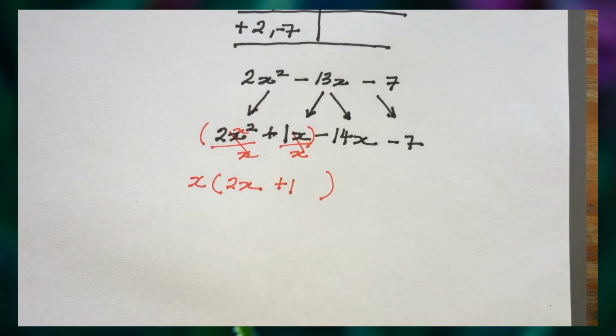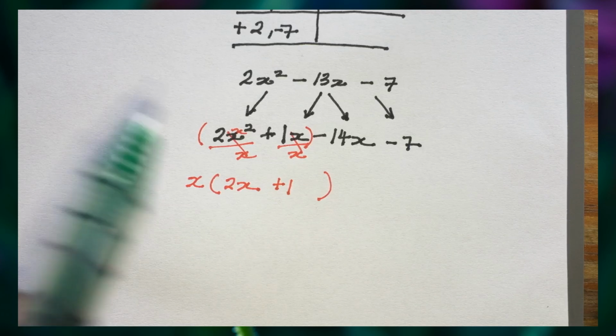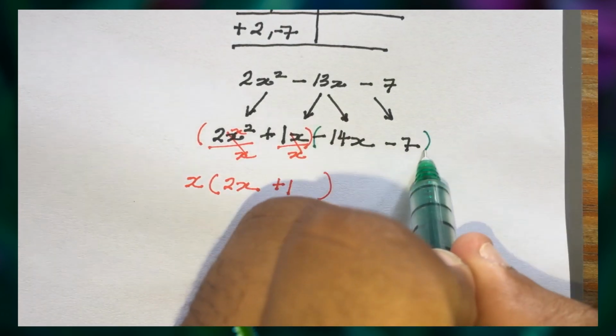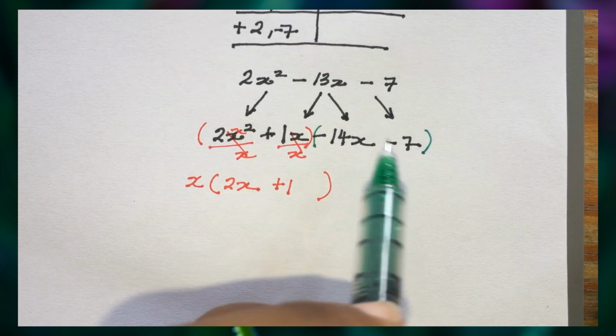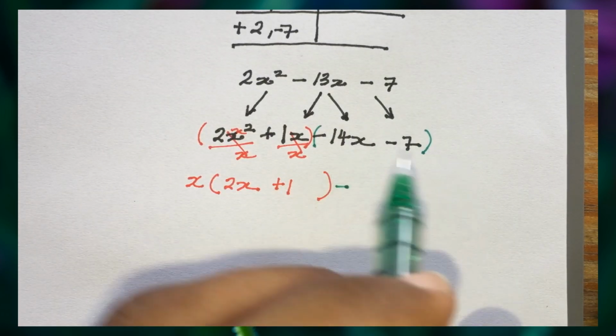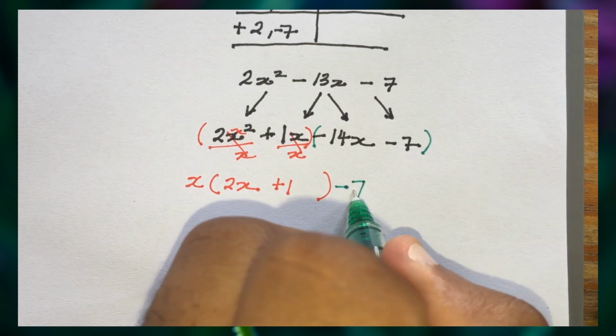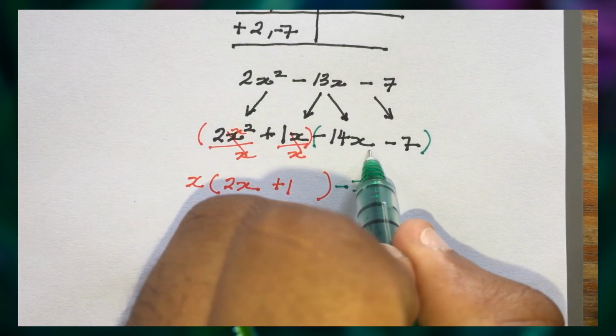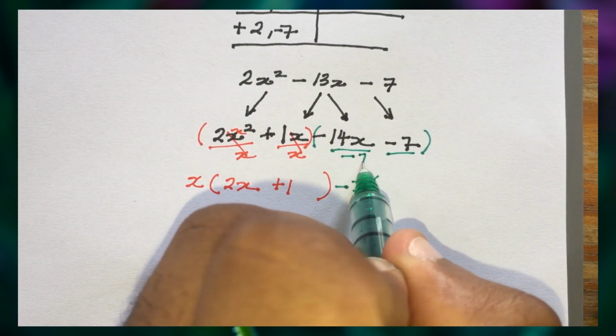Then I'm going to look at the second set of brackets. Both of them are negative, so I can factor out a negative, and 7 can go into both of them. So I'm going to factor out negative 7, dividing everybody by negative 7.